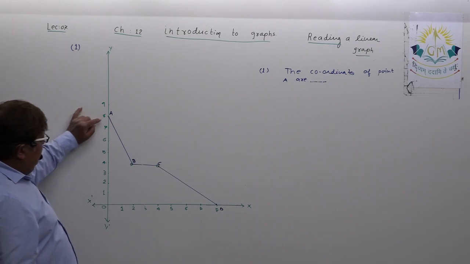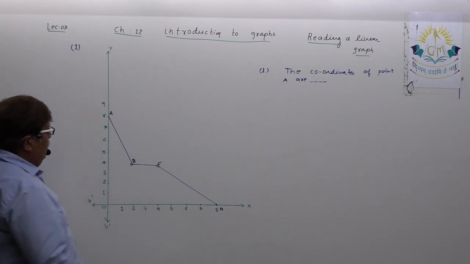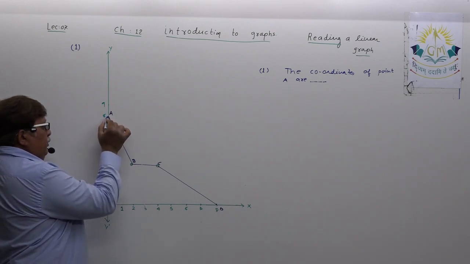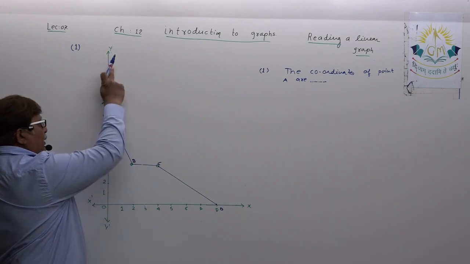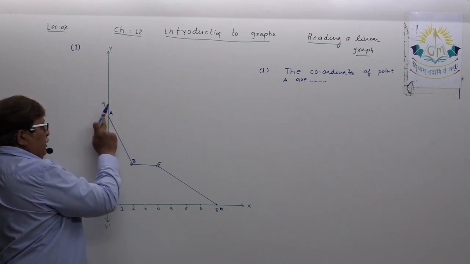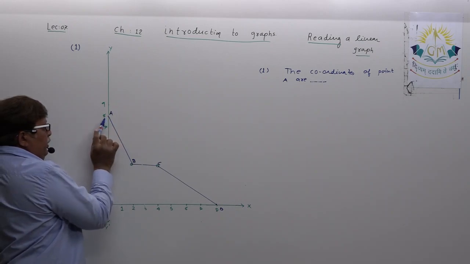See, point A is here. Can you guess before me? Point A is here. It lies on the y-axis. Here it is meeting the y-axis at which point? At number 8.